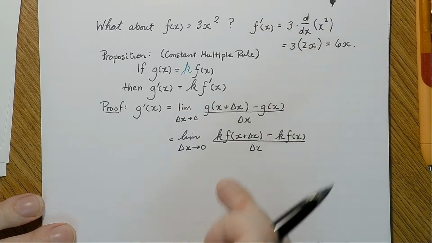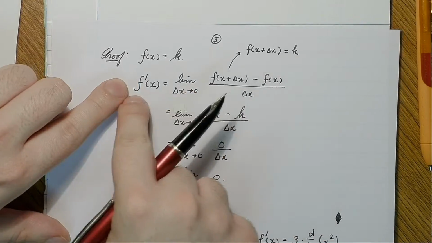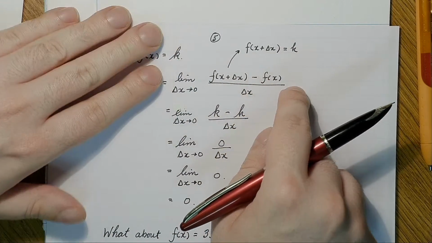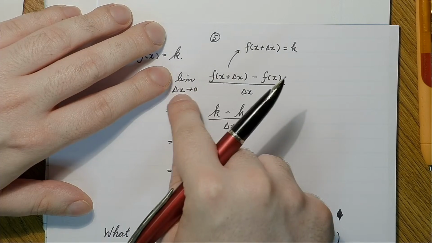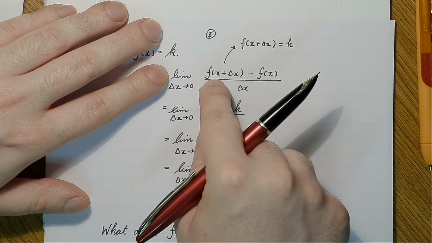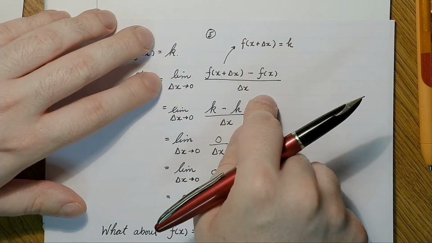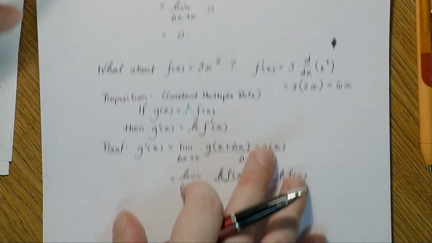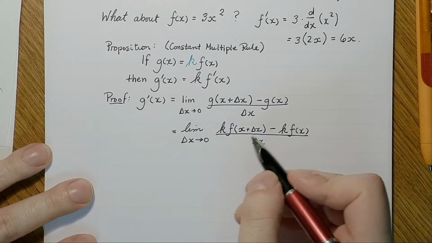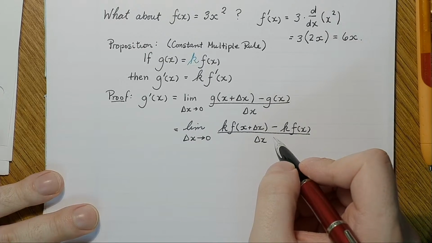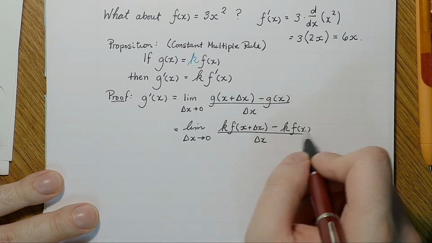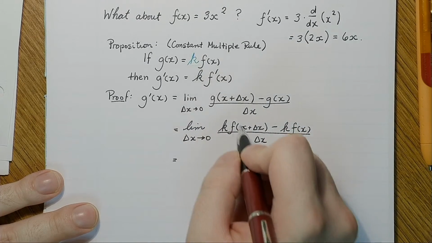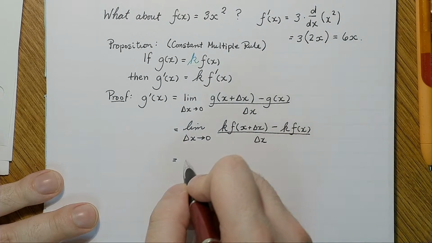We would like to get that, because once we simplify it so that the limit as delta x goes to 0 has f of x plus delta x and all that, then that's equivalent to the derivative of f at x, or sorry, f prime at x. We see it here, but we have k's in front. So the idea is to pull those k's out. We can factor that out.